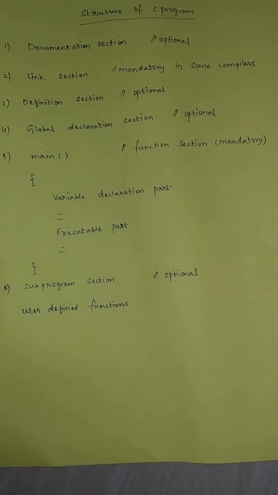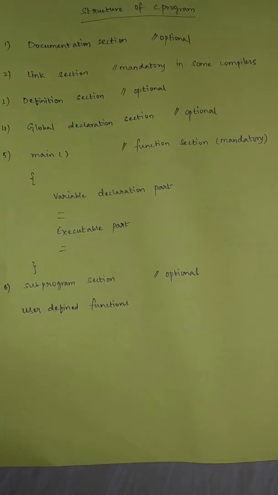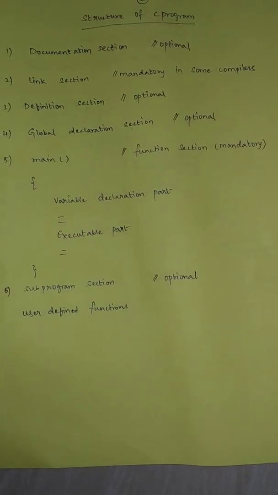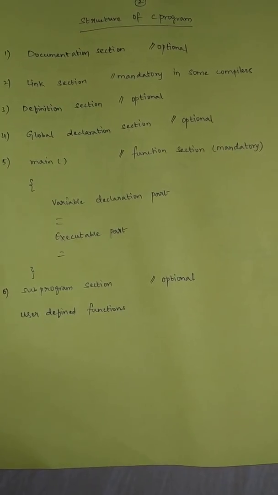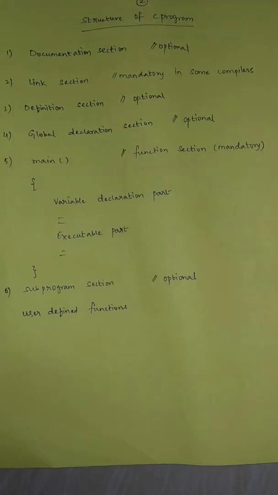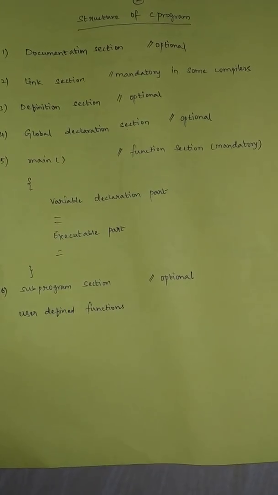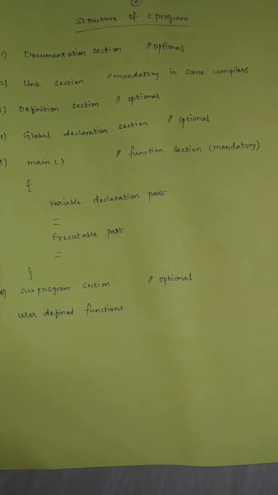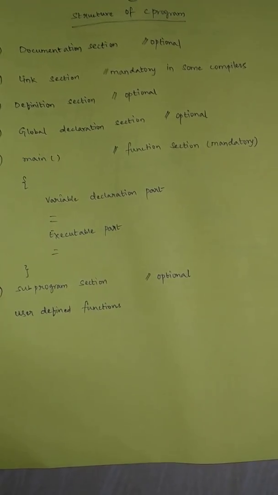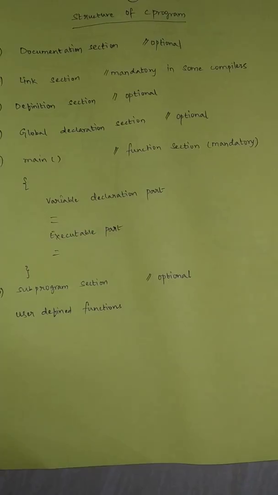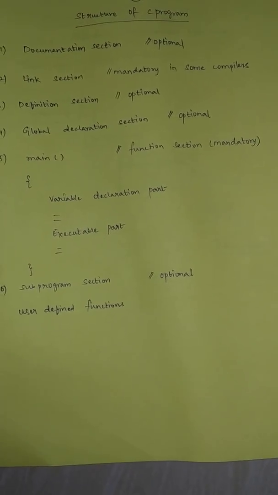So header files are things like the standard input output header file, or the console input output header file, or you can say the string header file, the math header file. So all these are various header files, string library header files. All these are basic header files that we will be using in our C programming. So this is the link section.